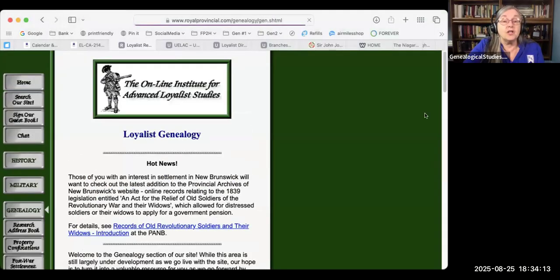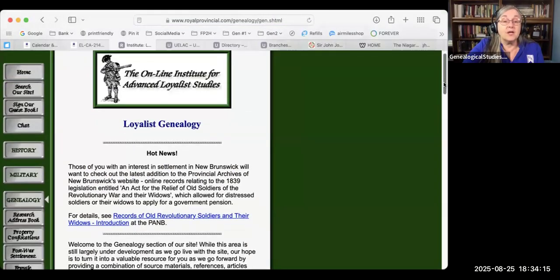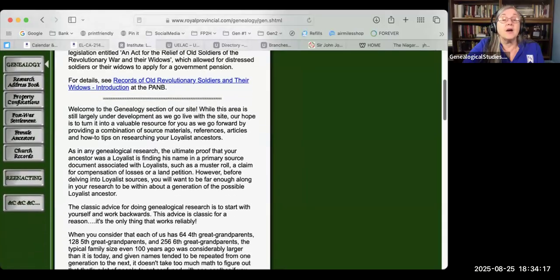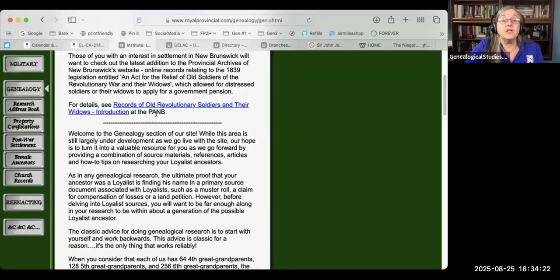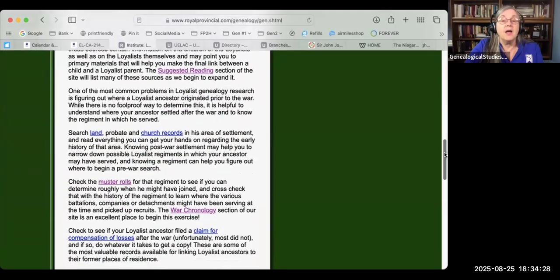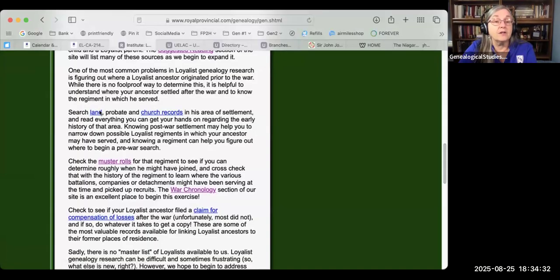And genealogy, then it goes here, and this is a link to New Brunswick. The Public Archives of New Brunswick has excellent Loyalist records there. The Nova Scotia Archives holds a lot of land petitions. Upper Canada and Lower Canada land petitions are in Library and Archives Canada.